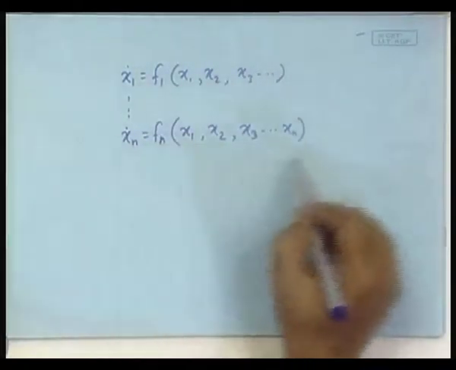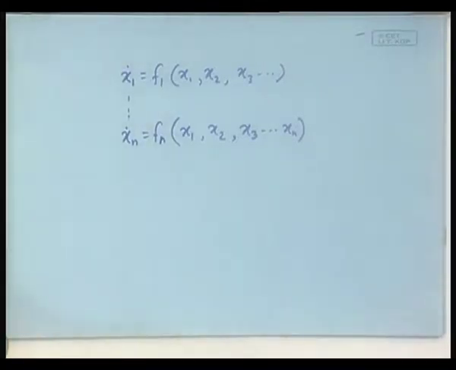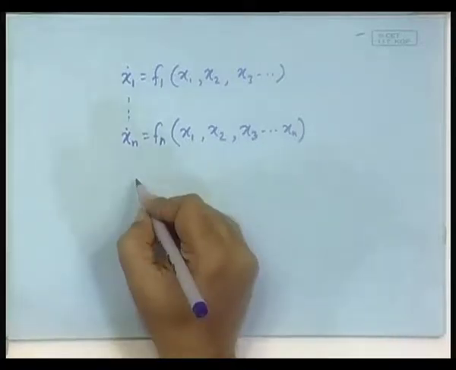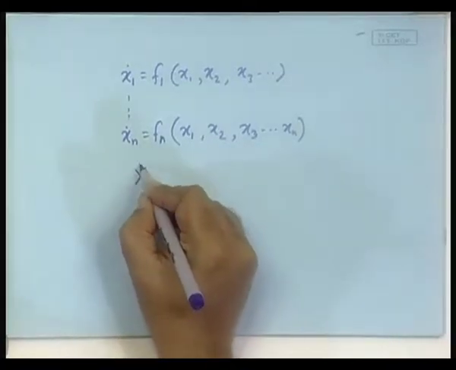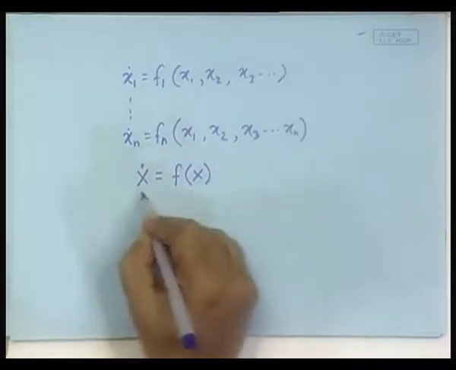Now, this set of equations would govern the evolution of any starting point. So you have the equation expressed in this form, x dot is equal to some function of x. These are vectors then.